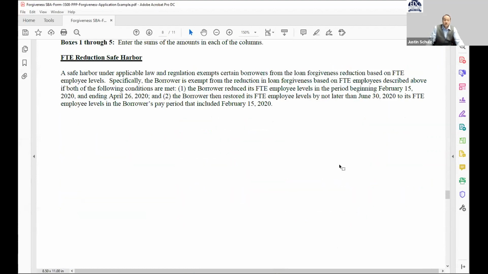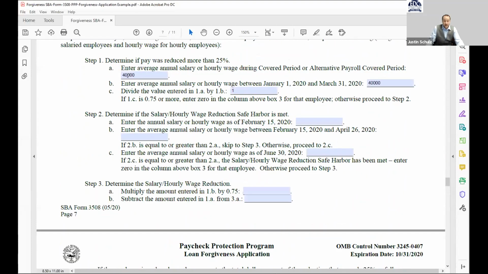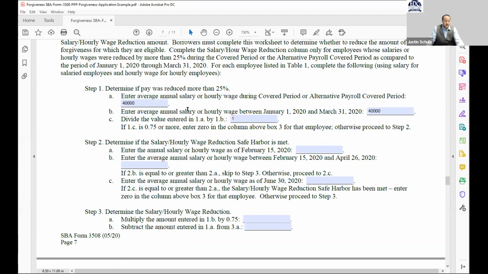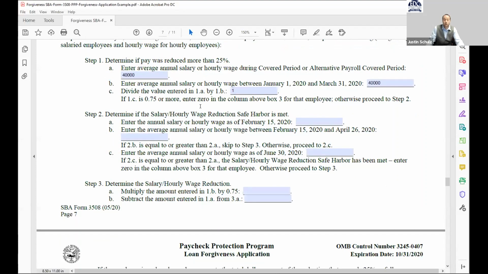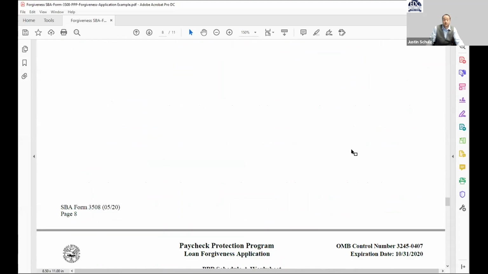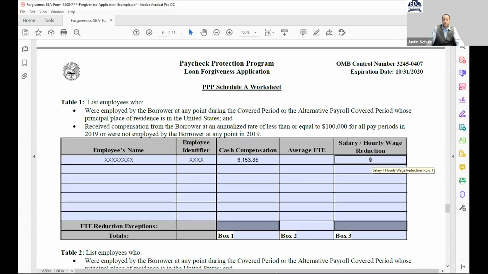So I think the best way to explain this section for everyone is they basically gave everybody a 25% exemption in reducing people's wages. And so if you reduced anybody's wages by more than 25%, whatever you reduced in excess of that 25% exemption will then start going against your PPP loan forgiveness amount.